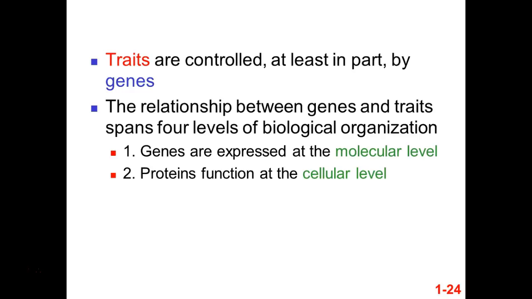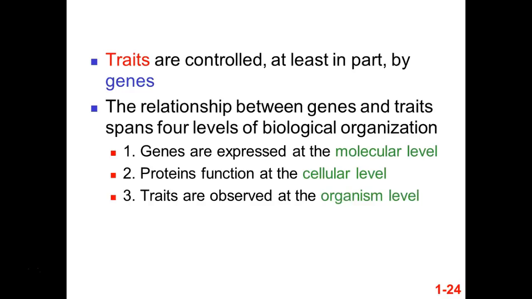That's at the cellular level. And then traits are what we talk about at the organismal level, right? So what trait does that organism have? Do they have A-type blood? Do they have B-type blood?